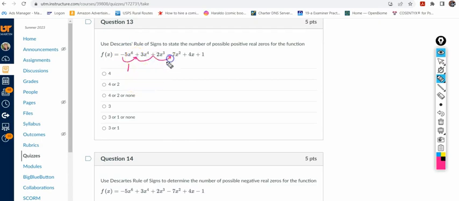Positive to negative, that's my second change. Negative to positive is my third change, and positive to positive. So in total, I have 3 changes of sign, or you keep subtracting 2. 3 minus 2 is 1. So I'm going to have 3 or 1 changes of sign.